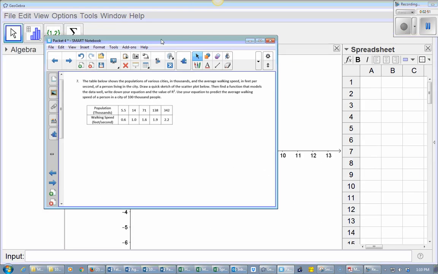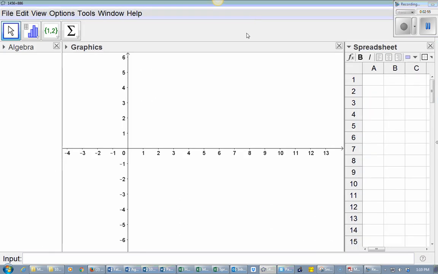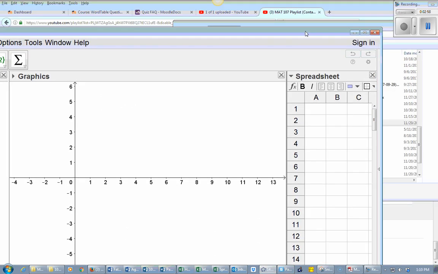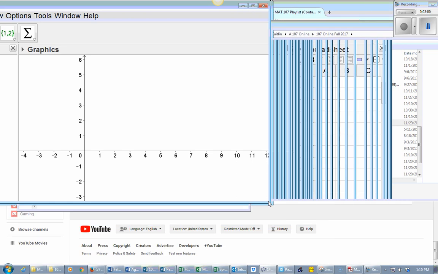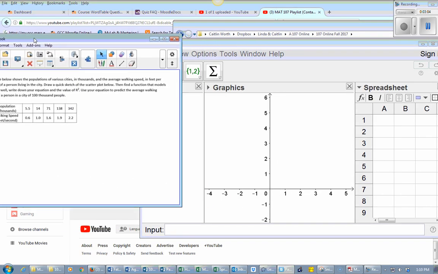Okay, I'm going to make Geogebra a little smaller, so I can get the data entered here.